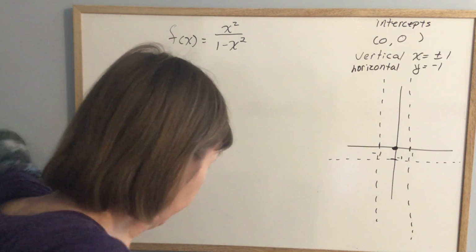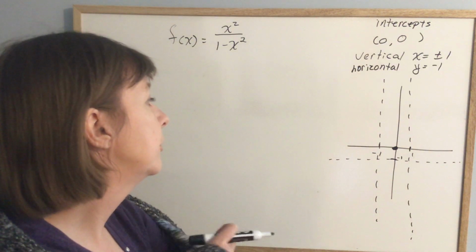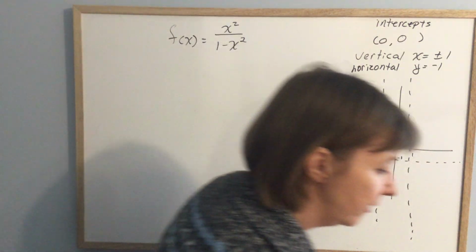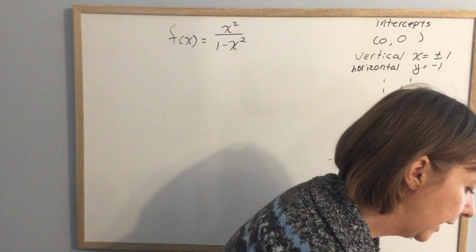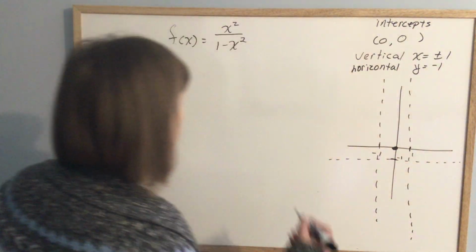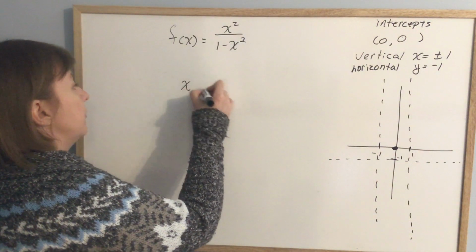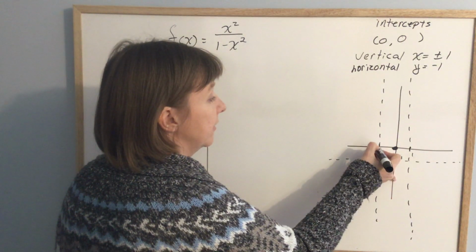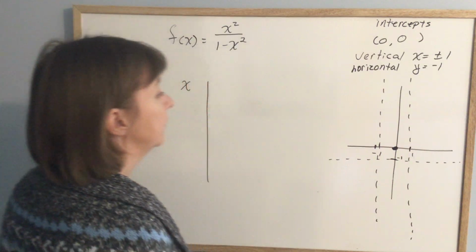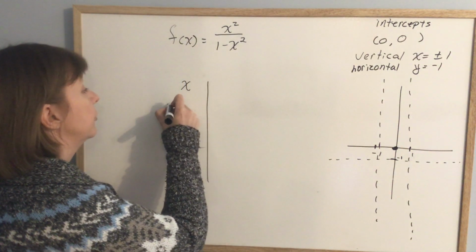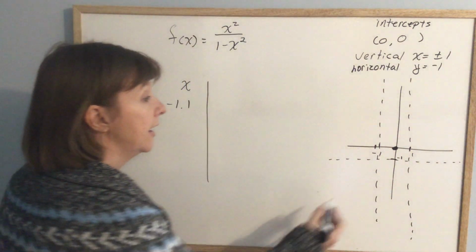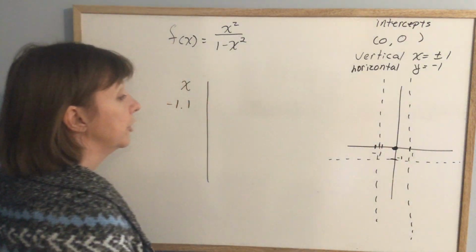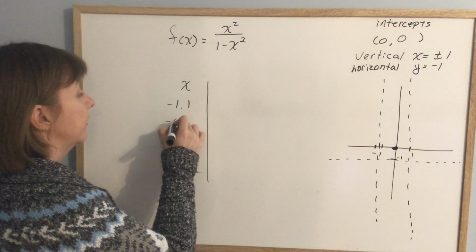I have a vertical asymptote at negative 1. So if I have a vertical asymptote at negative 1, I cannot make my x negative 1, but I can make it something on the left-hand side of negative 1, but close to it, which would be negative 1.1, and I can make something close to it on that side, which would be negative 0.9.